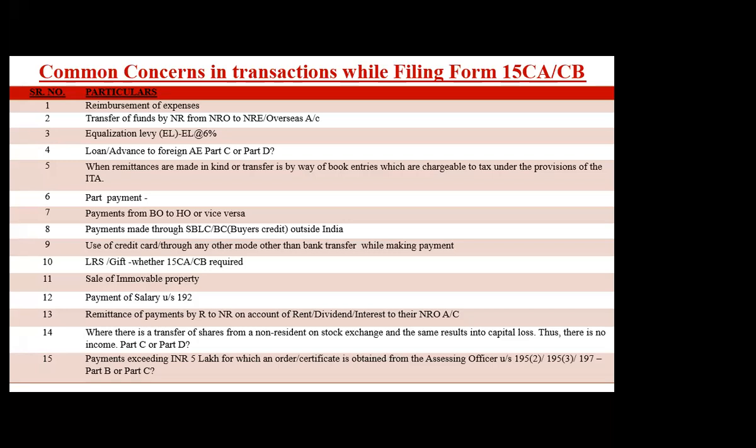Then payment through SBLC, buyer's credit outside, again 15 CA has to be issued. Use of credit card, very important, which we have been discussing throughout. So now, if we are making any payment through credit card, through PayPal, or through Paytm, whatever mode, which is not through the regular banking channels, what do we do?